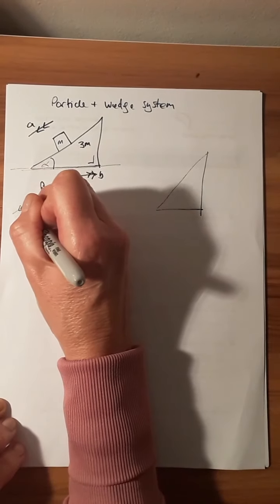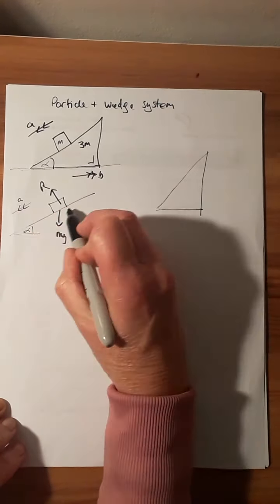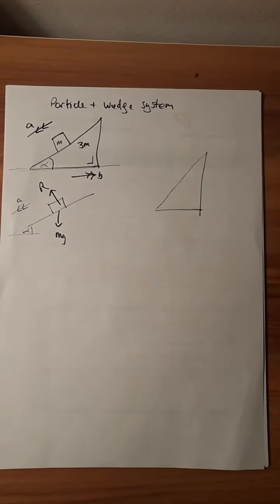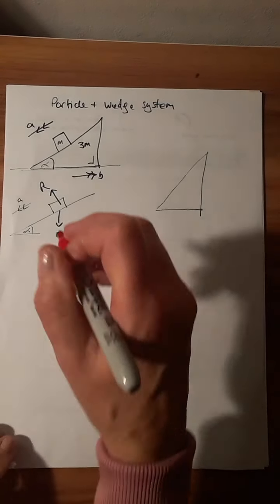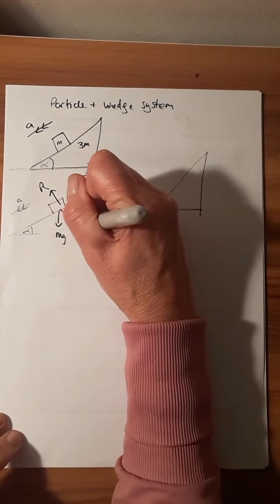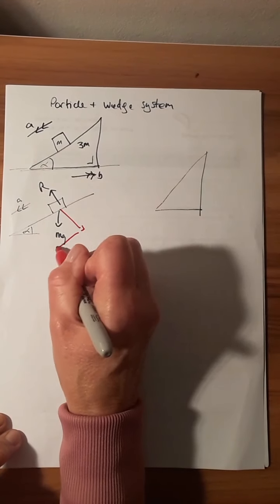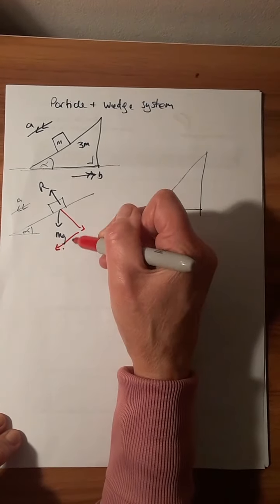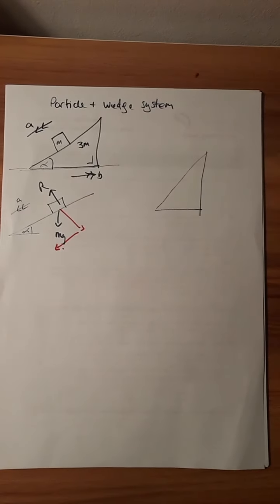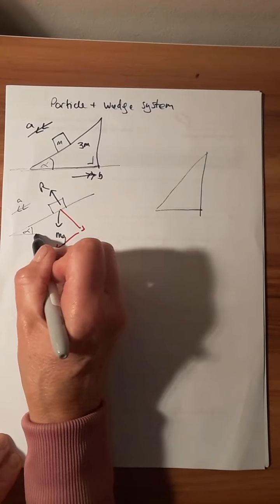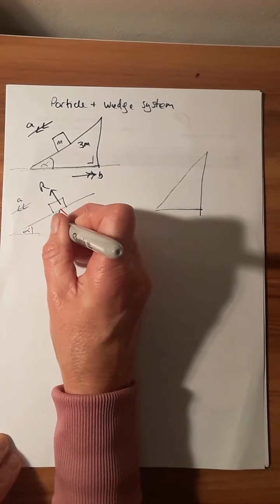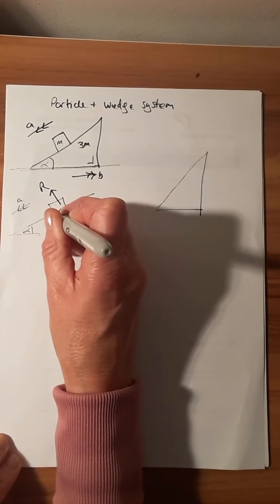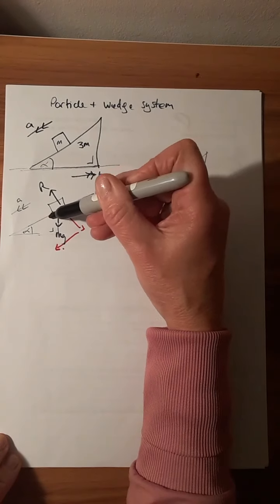Because the acceleration of the wedge is along that sloped plane, you have to resolve the weight force into its two components. So I'm going to draw a right angle triangle around the weight, and I'm going to break this into its two components. Now remember, it's the same as what we did last year for weight on a plane. Remember, this will come down here, that'll be a right angle, that'll be angle alpha.